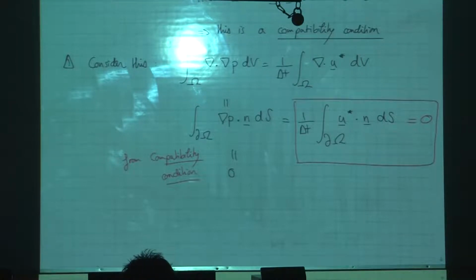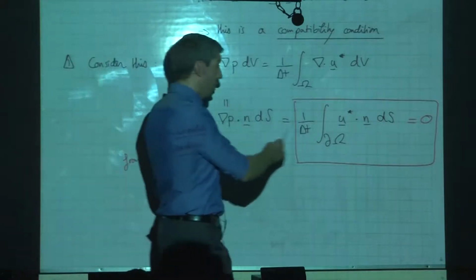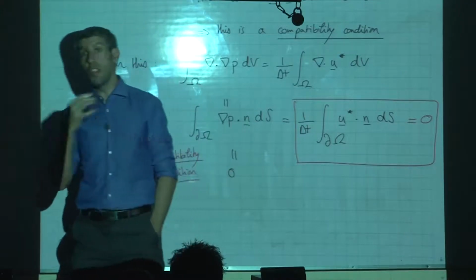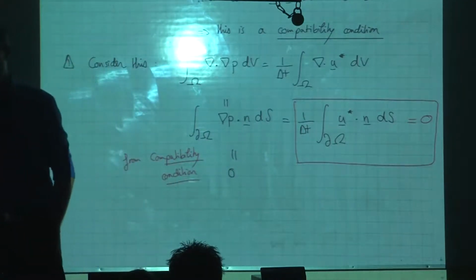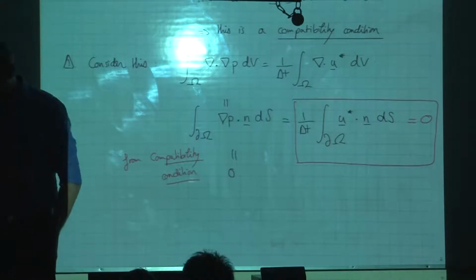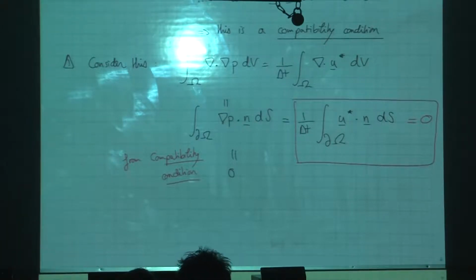This is not guaranteed. Only if we do not do that manually, that equation is not true in the integral sense, and therefore there's simply no solution to my pressure Poisson equation.